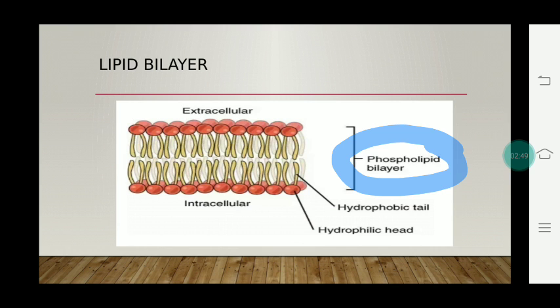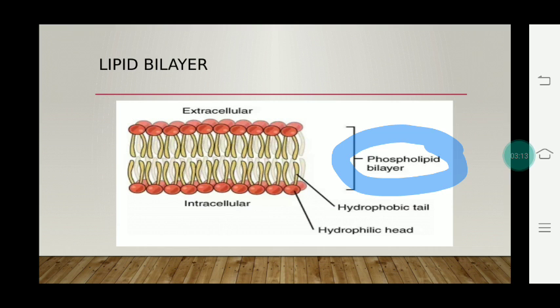So it has a phosphate and lipid combination. You can understand from the name, it's called phospholipid bilayer, made up of phosphate and lipid.